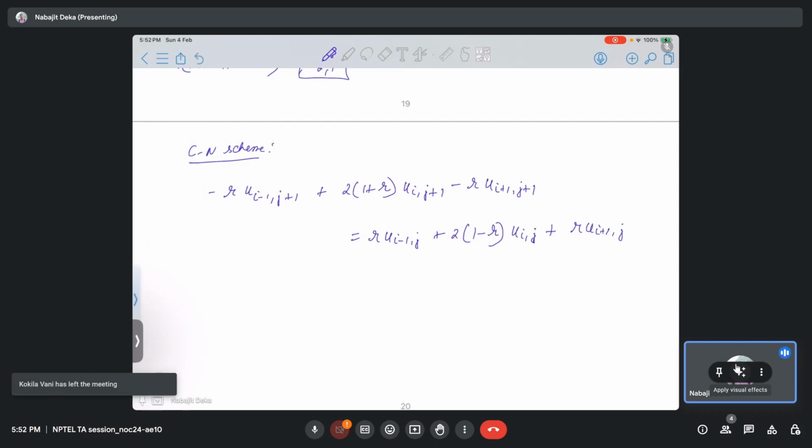So you see on the left hand side we have all the variables at the j plus 1th time level, and on the right hand side we have all the u represented at the jth time level. Let me check if I have made any errors here. Okay.